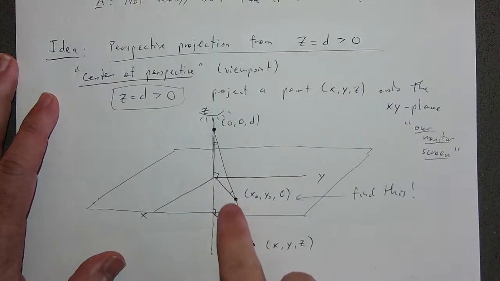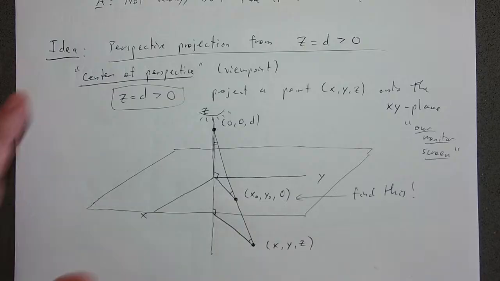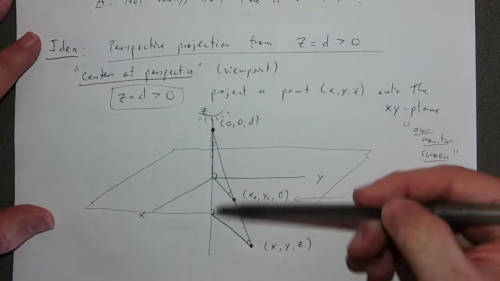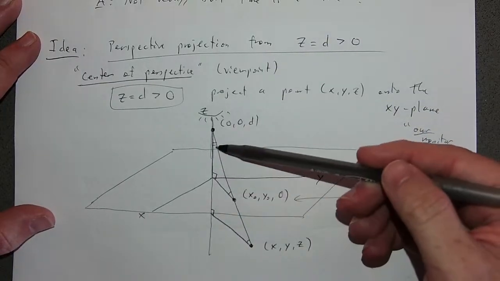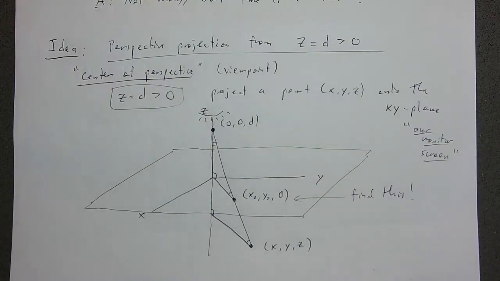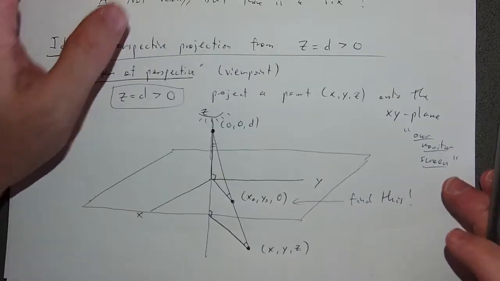These are right angles, and these angles, these are corresponding angles, right, formed by parallel lines. Remember your parallel postulate, your fifth postulate from Euclidean geometry. These are corresponding angles, so they are congruent. These are both right angles here, and they share the apex angle, so these are similar triangles, which means they have corresponding angles that are congruent. What that means is that I know what the ratio of corresponding side lengths has to be.